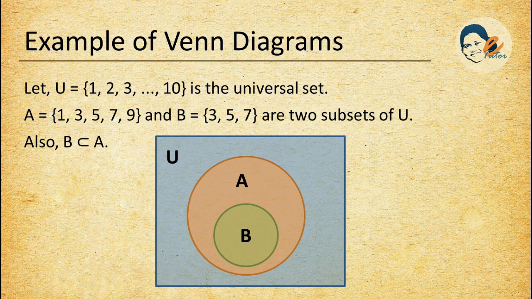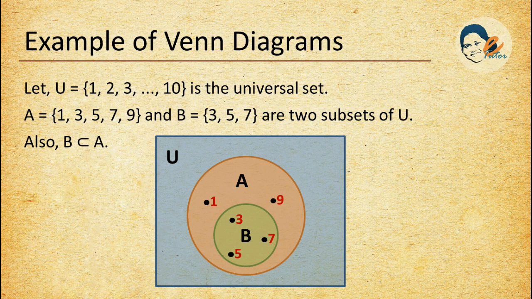The set B has 3 elements, 3, 5, 7, and we will represent these 3 elements in this way. Now, these 3 elements are also the elements of set A and set U, right? The rest of the elements of set A will be represented in this way.